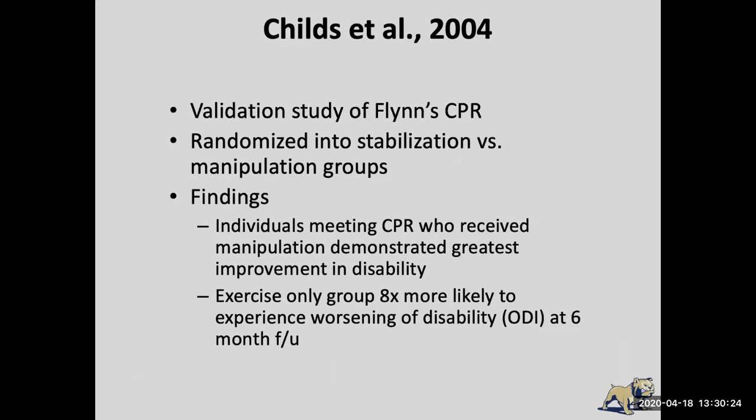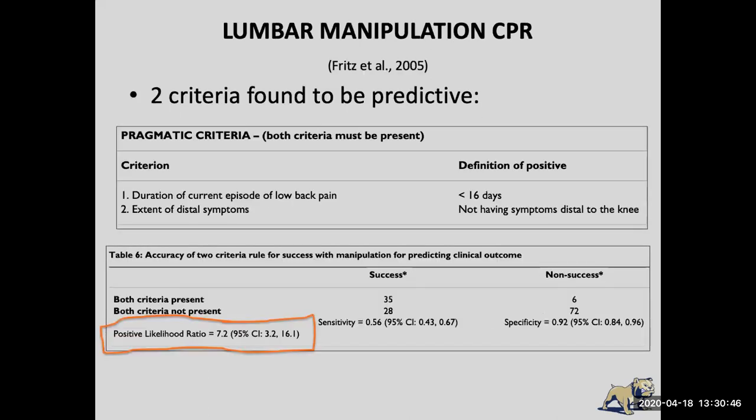And essentially those people that fit this category who received a manipulation demonstrated better improvements, so less disability than folks who did not get the manipulation procedure, and also less likelihood of developing chronic symptoms, long-term outcomes as well.